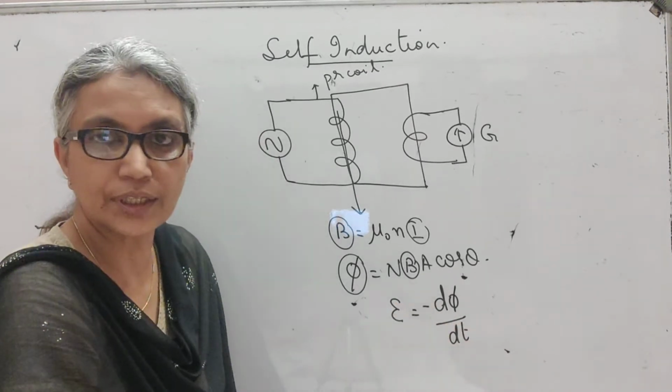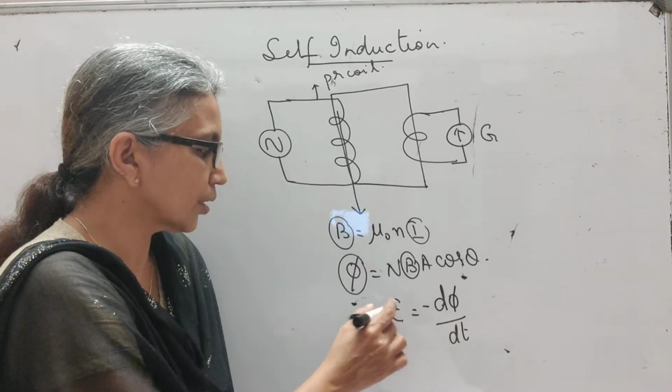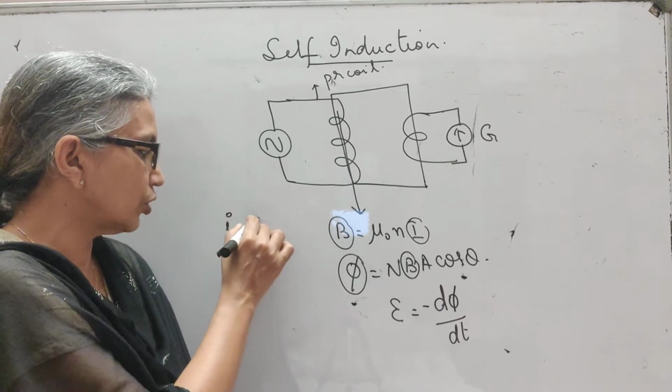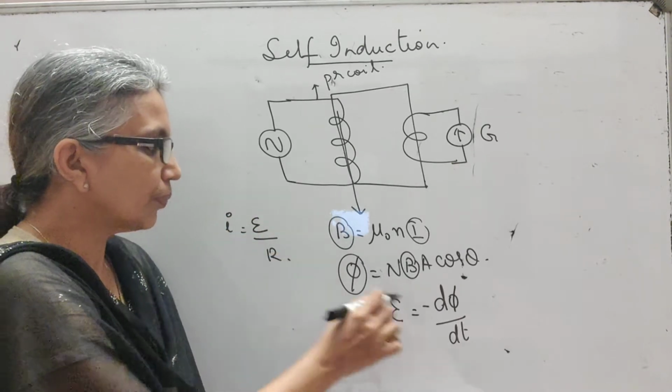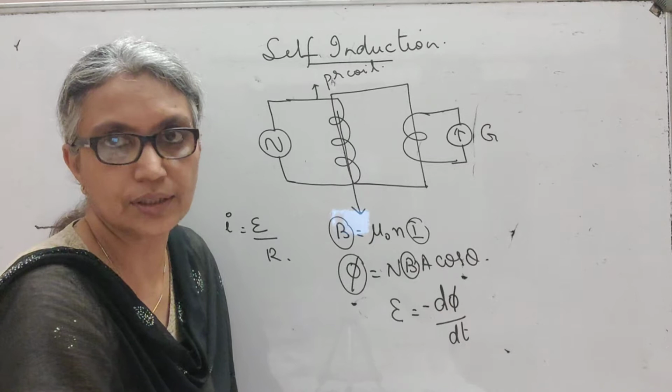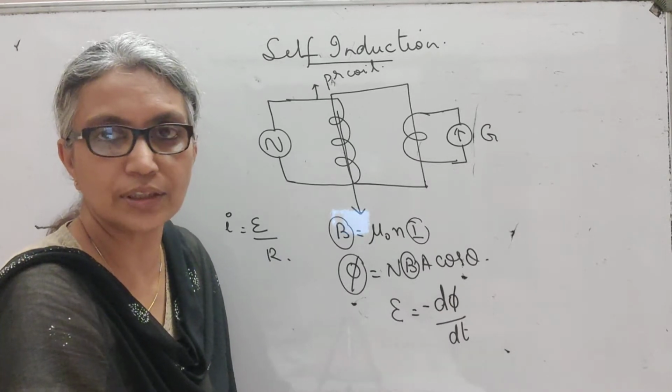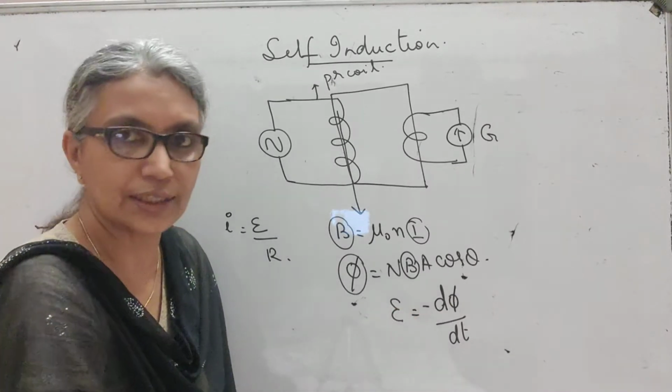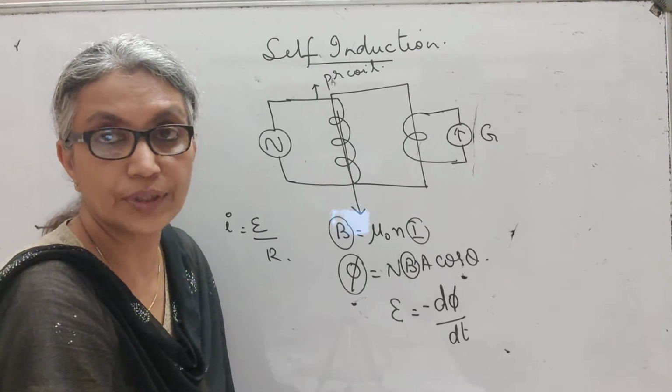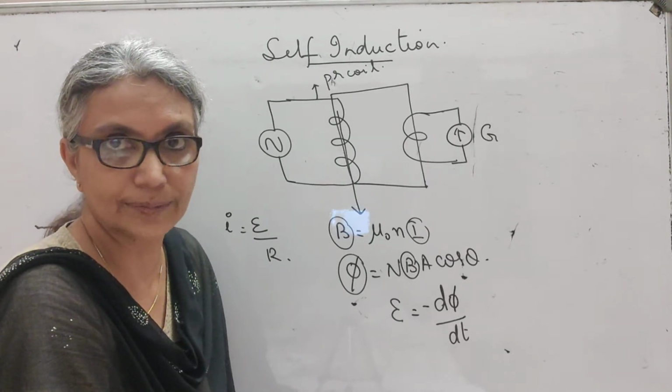Lenz's law gives a negative sign. Rate of change of flux is the induced EMF, and the negative sign tells you that the induced current should always try to oppose the change in flux.